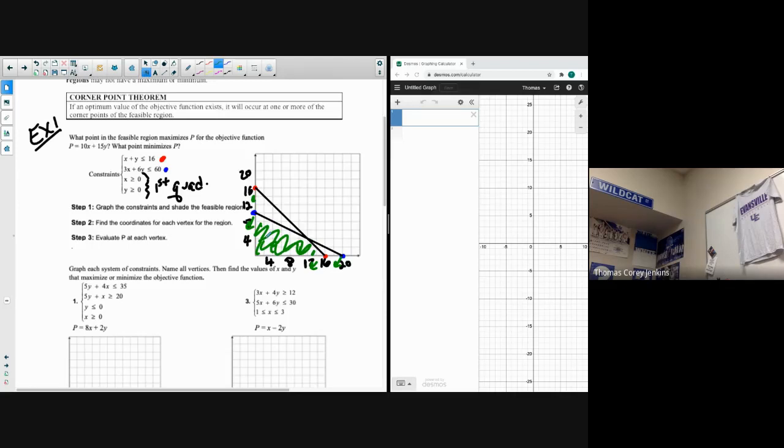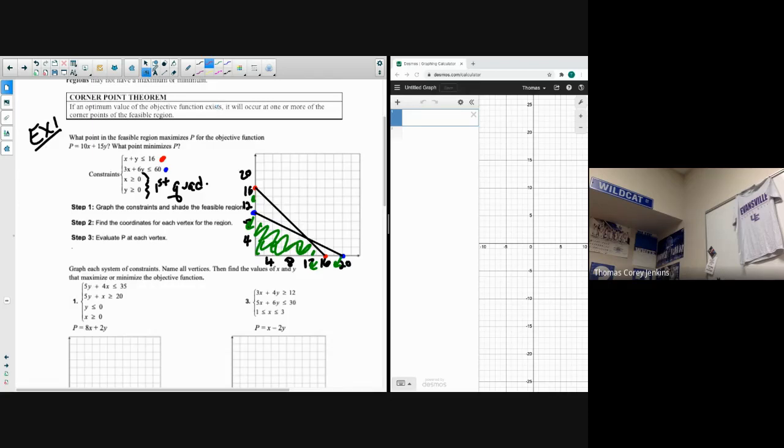Now, the only reason we care about that is because we want to know what the vertices are. There's a corner point theorem that says if an optimum value of the objective function exists, it will occur at one or more of the corner points. I like to refer to those as vertices, right?